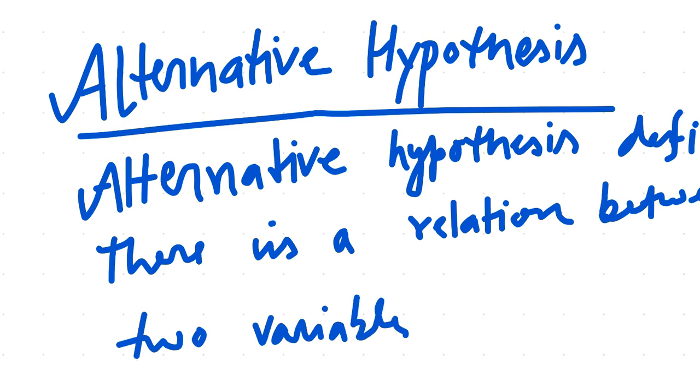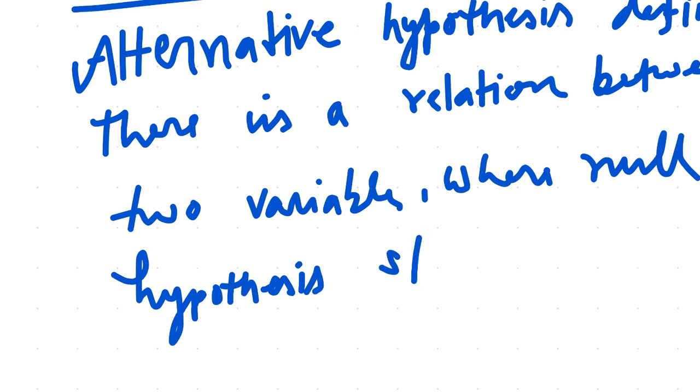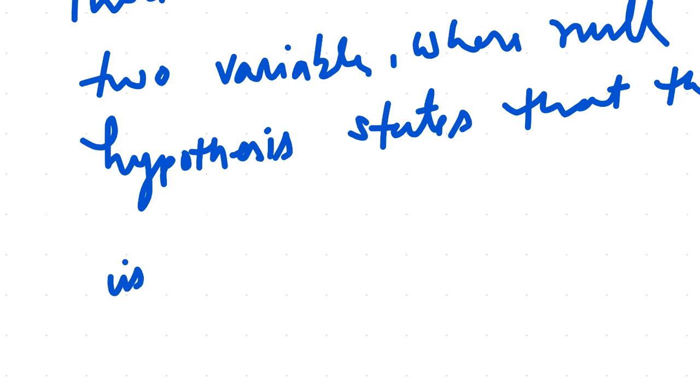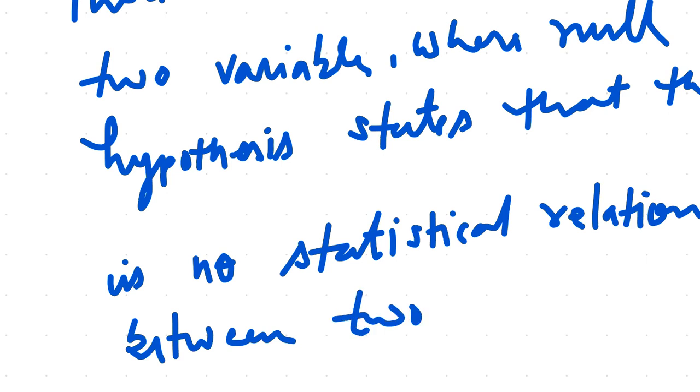And the null hypothesis states that there is no statistical relation between two variables. Means the alternative hypothesis is just the opposite of the null hypothesis.